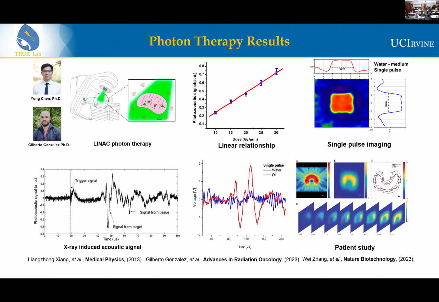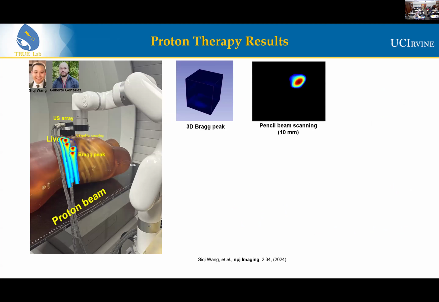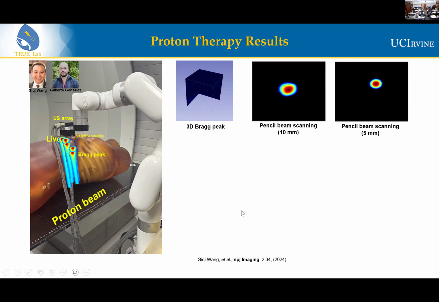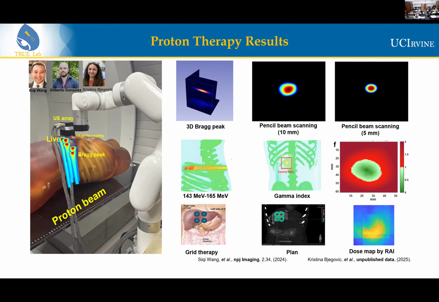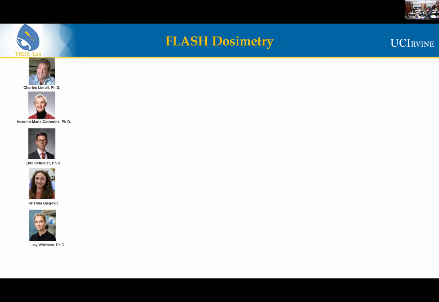Proton is a charged particle. That's even better. So we have tested everything in the clinic. We just got the IRB protocol approved, and we can see the so-called Bragg peak. We can track it in the radiation beam scanning, which is very, very important in the clinic. And this is the only way that can do this so far. We have been doing very, very well in this direction.